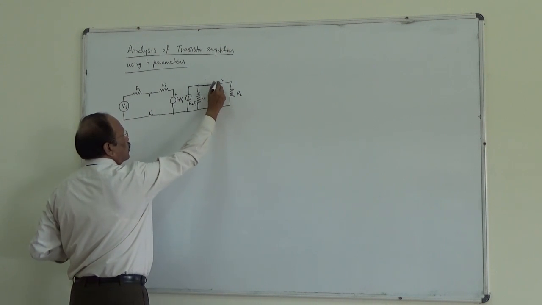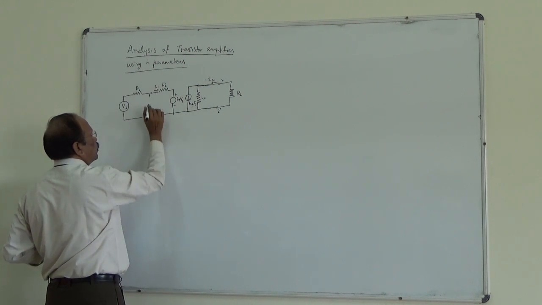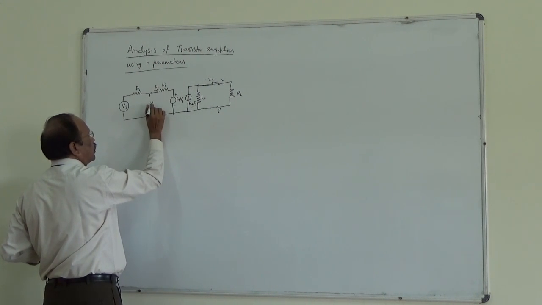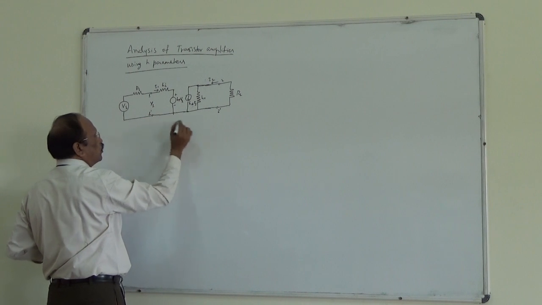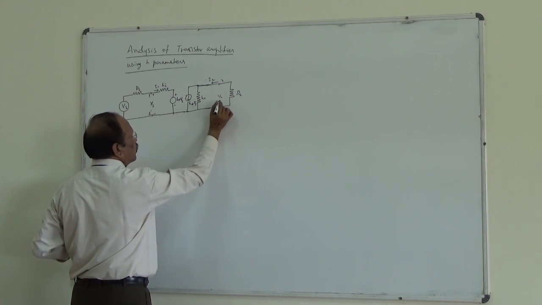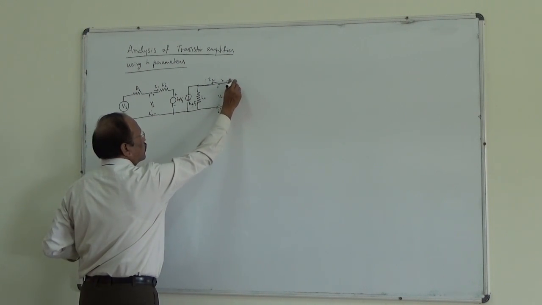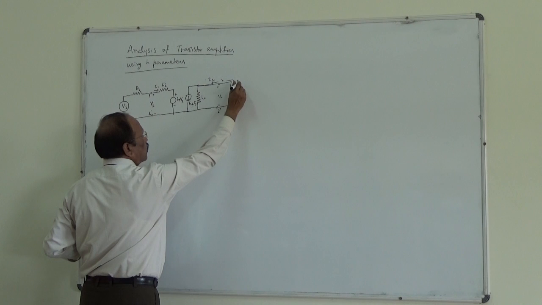So now we can say this is the current I2, this is the current I1, here you can have the voltage V1 plus and minus, this is the voltage V2, and here is the load current IL.